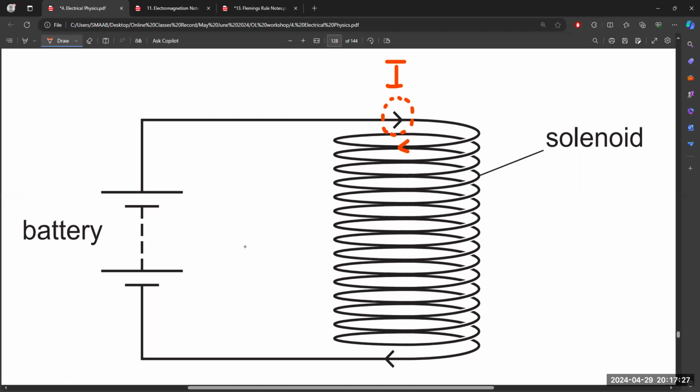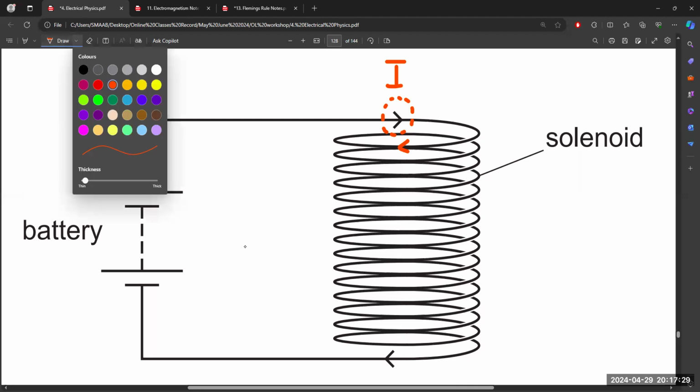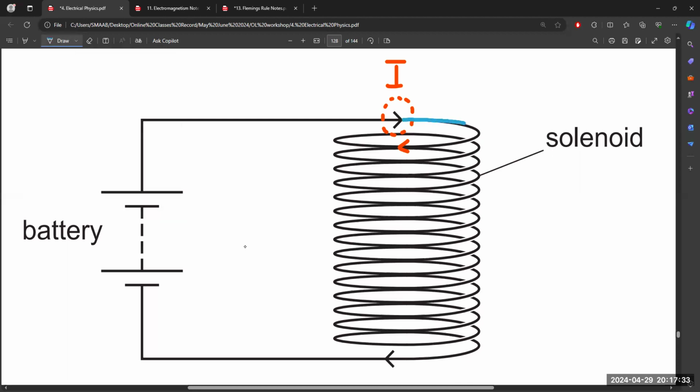When you curl your fingers, your fingers get curved like this. This is the direction of the curl of your fingers, so your thumb will be directing in the downward direction.